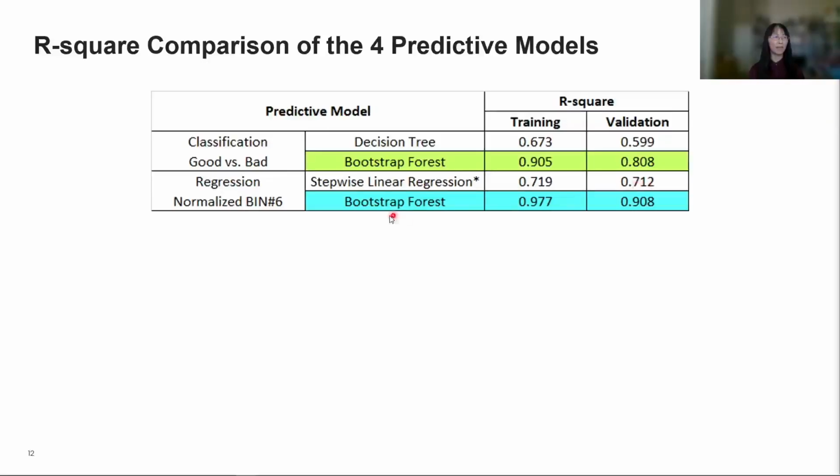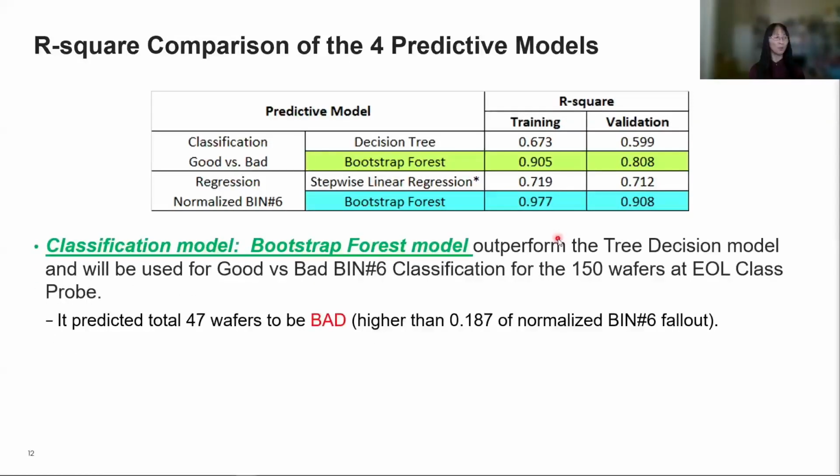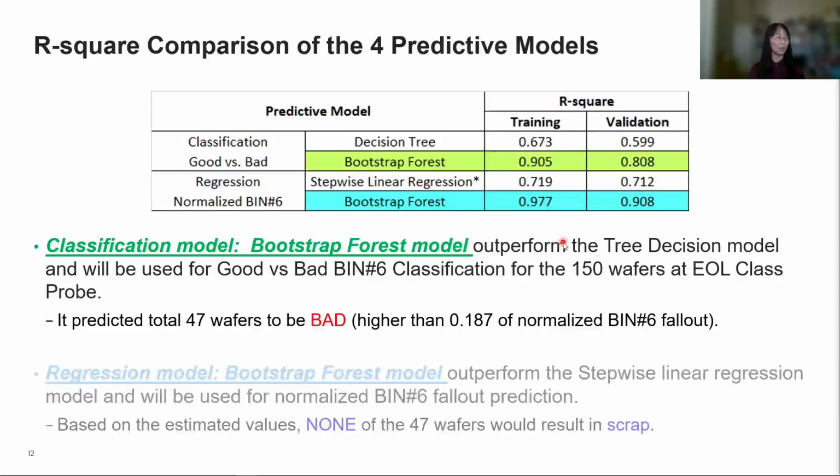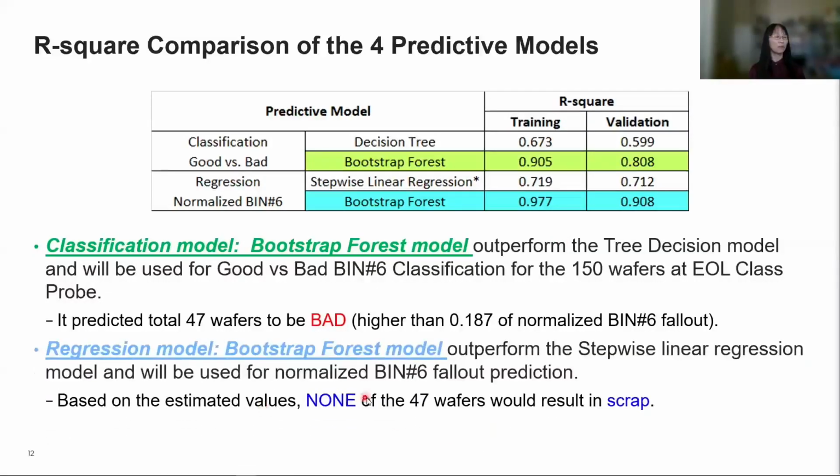But you can see that my bootstrap forest for both the classification data and the regression data response are very high, higher than 90% for the training. And it's also the highest for the validation data set. So I decided to use it both for my good versus bad prediction and also for my estimation of the bin6 fallout.